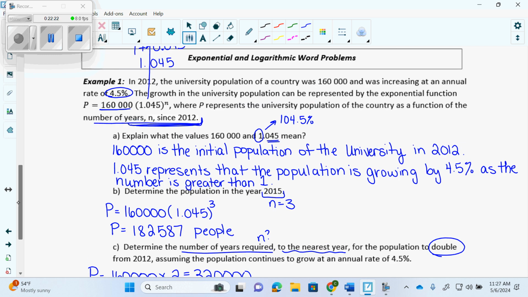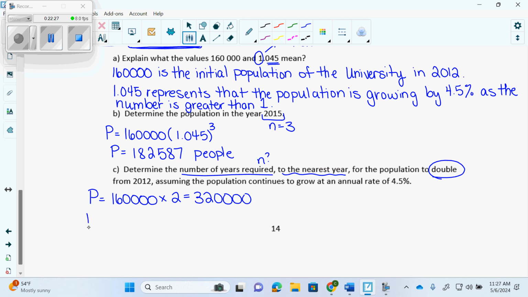Because P represents the university population of the country. So my formula is P equals 160,000 bracket 1.045 to the N. The greatest thing about this is you have a P or an N. N is number of years, P is people. I have 320,000. Is that years? No, so it has to go in for P.